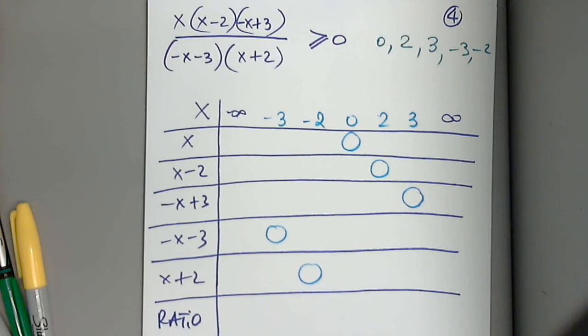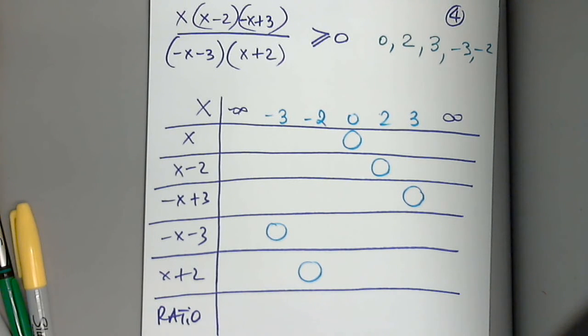Look at the rational inequality and tell me what happens under negative 3. Careful. If the numerator is 0, the fraction is 0. If the denominator is 0, the fraction is?